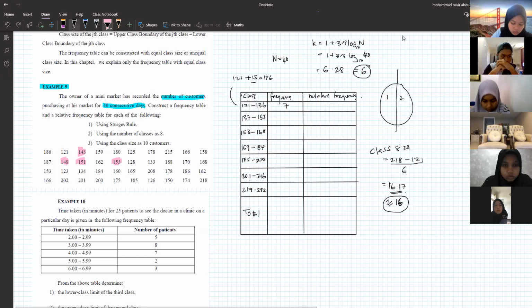Right, we have 4, is it? You correct me if I'm wrong. You need to count carefully because this is going to be very tricky. 4. And for the third class, only 3, is it? This one, the first one, yes. The second one, yes. This is not included. This is not included.